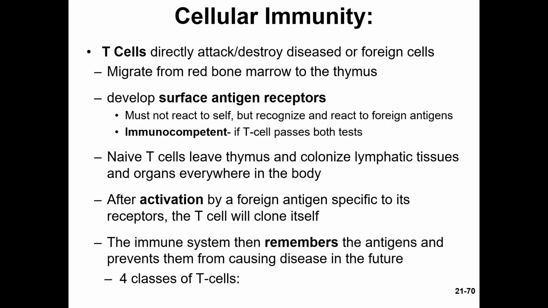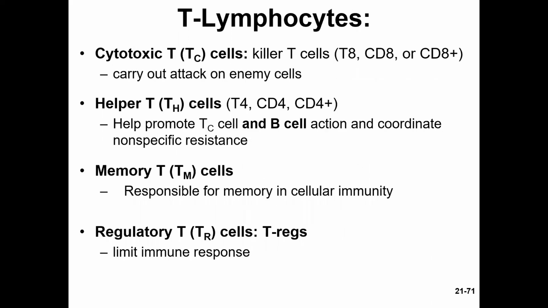There are 4 classes of T cells. These are the cytotoxic T cells, or TC. These are killer T cells, and they include T8, CD8, or CD8+, and they carry out attacks on enemy cells. We also have helper T cells, or TH cells.